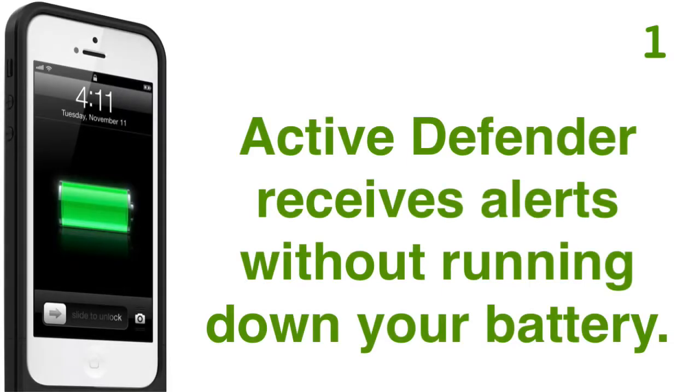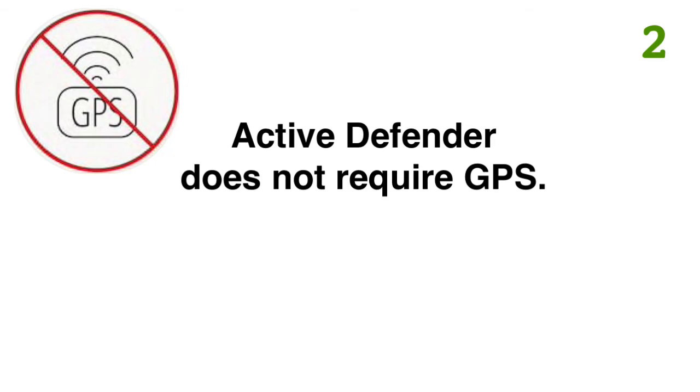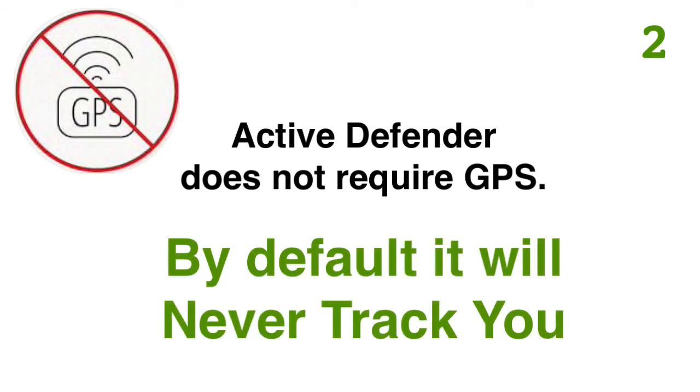First, Active Defender is designed to protect your battery life on your phone. Active Defender is not designed to be running in the background or to even be running at all, but it receives notifications to tell you to open the app when another staff member is sending you specific details. The second thing I want you to know is that the app does not track you, but it does allow you to identify your location if you need help.